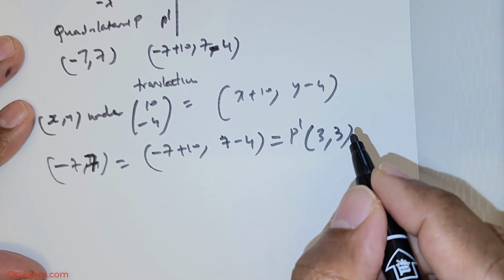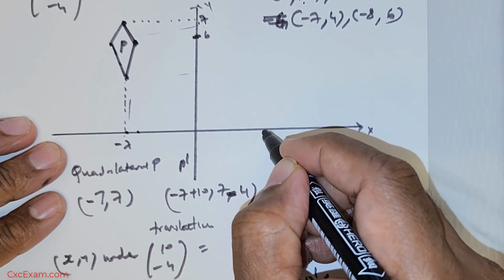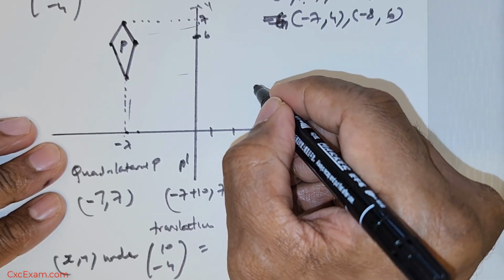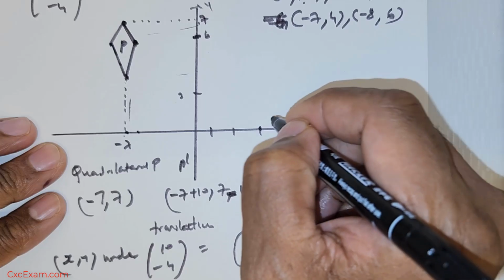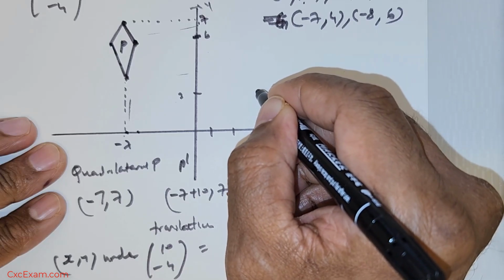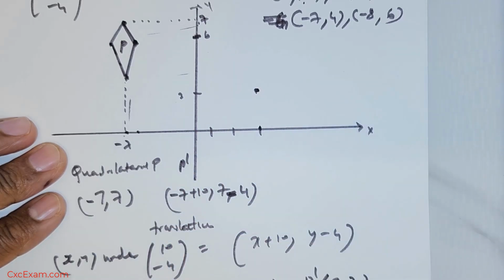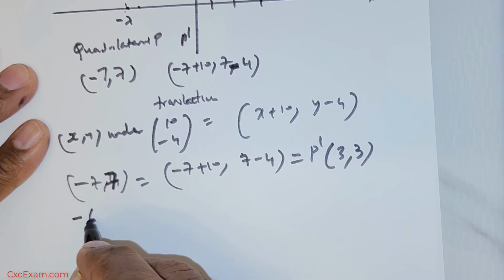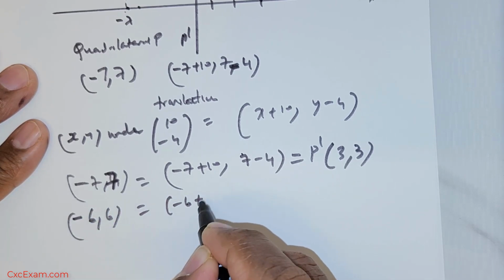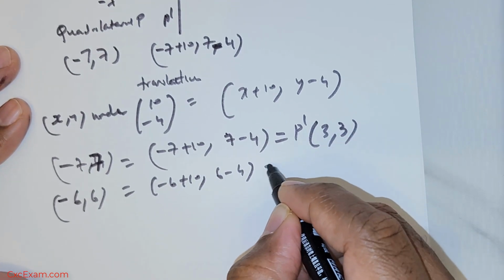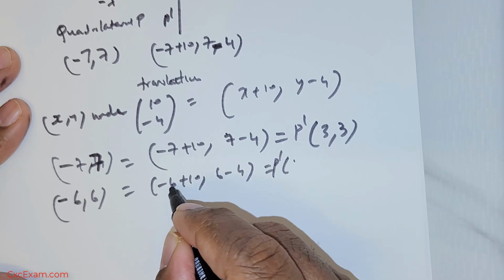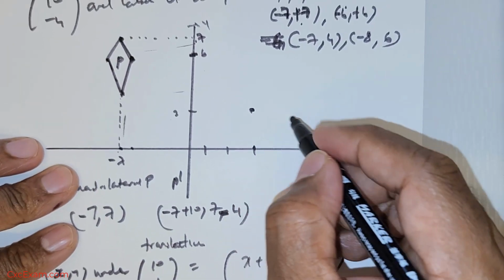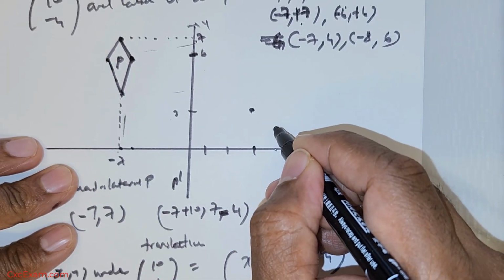So the first point (3, 3), if I were to take this as 1, 2 and 3, the point, and this is the 3 for the y. So from here this is going to be the point. Okay, (3, 3). And the next point is (-6, 6), which is nothing but -6 added with 10, 6 added with -4. This is going to give me P dash of (4, 2). Now (4, 2) is this point, and 2 is over here, right?